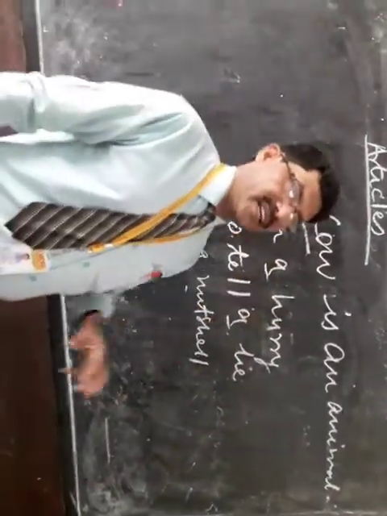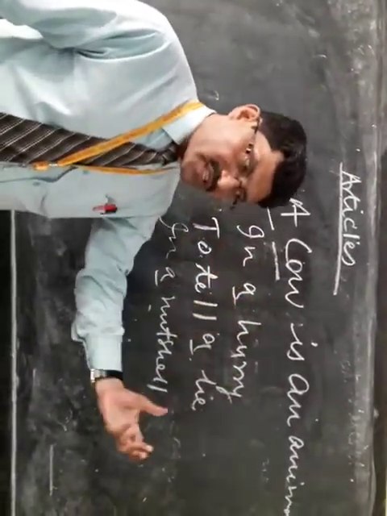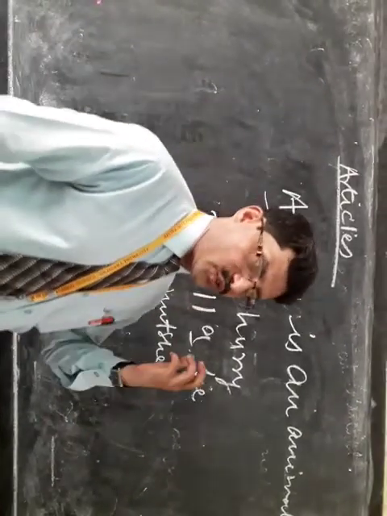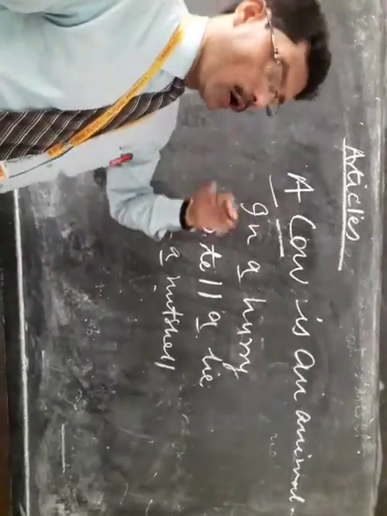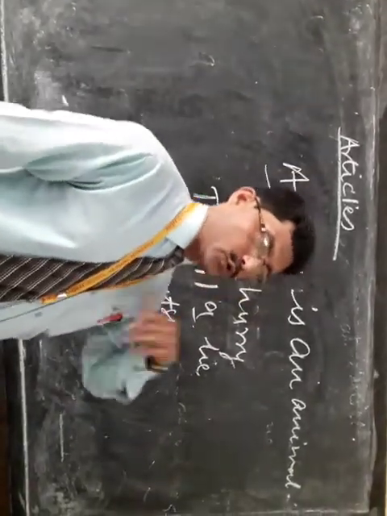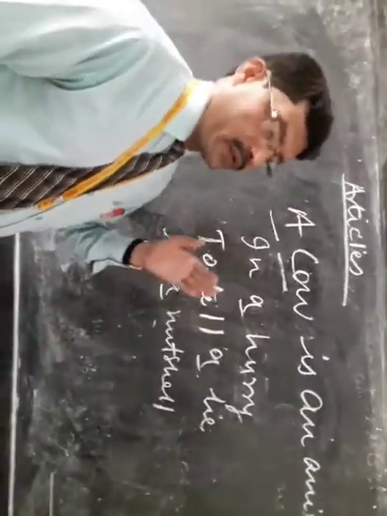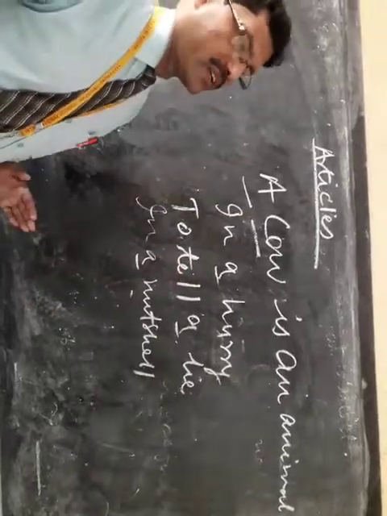And in such a case, when it denotes a whole class or whole species or whole class of things, in this sense we can use a or we can use the also before the singular countable nouns.